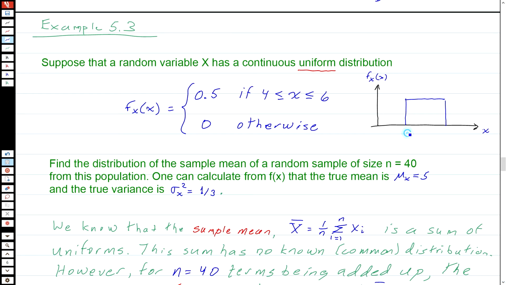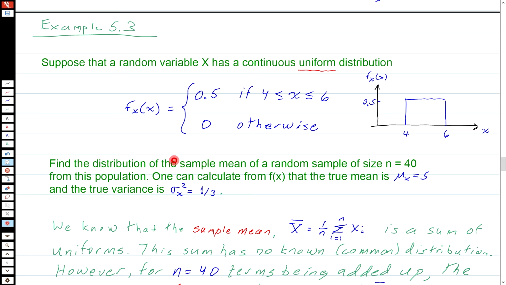This is 4, and this is 6, and this is a half. Okay, so this is uniformly distributed, so it's equally likely to occur between 4 and 6, and then it's 0 outside that range. And that's what our distribution looks like. Let me just see if I can clean this up a little bit. 0.5, okay.